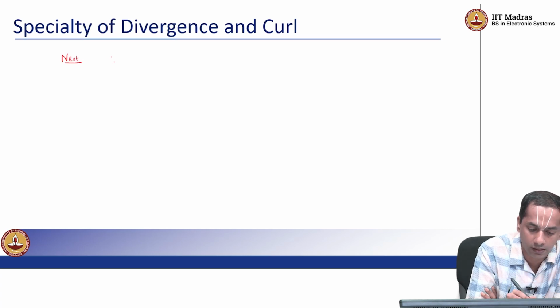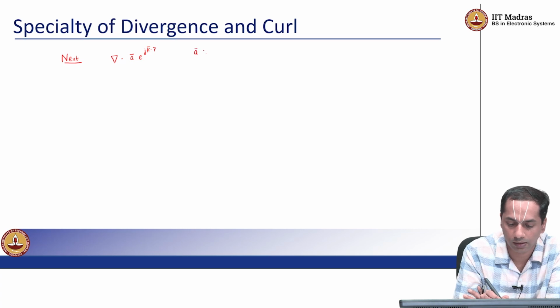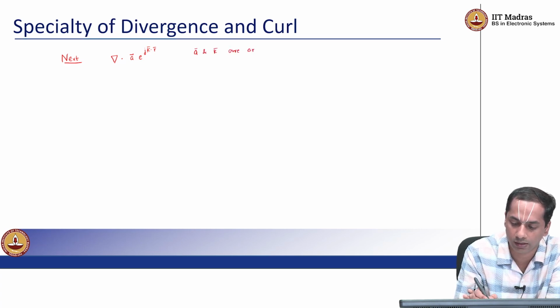Now we will bring in a vector field, right. So A and K are arbitrary vectors, arbitrary but constant, right.